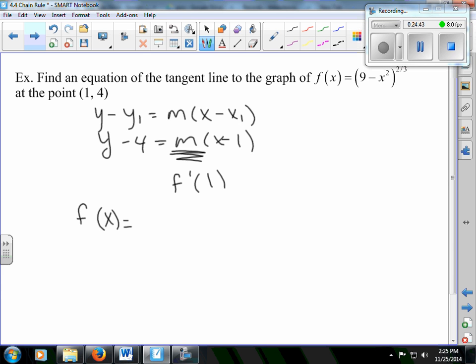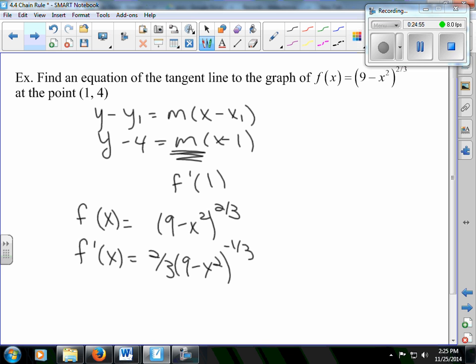So f is 9 minus x squared to the 2/3. I can find f prime by doing the derivative. I do the 2/3 power first, keep the inside the same, multiply by the derivative of the inside. Now plug in 1.